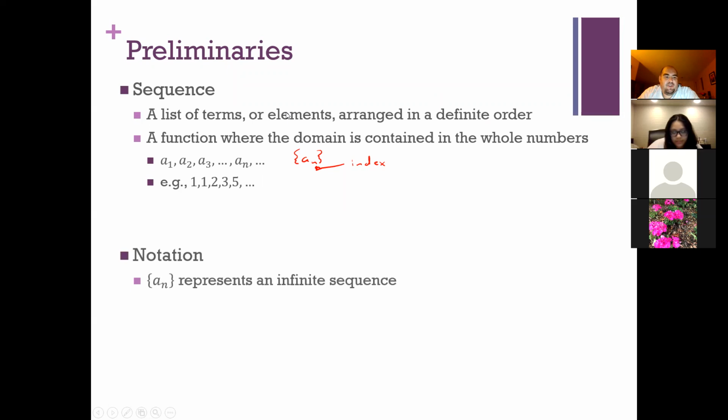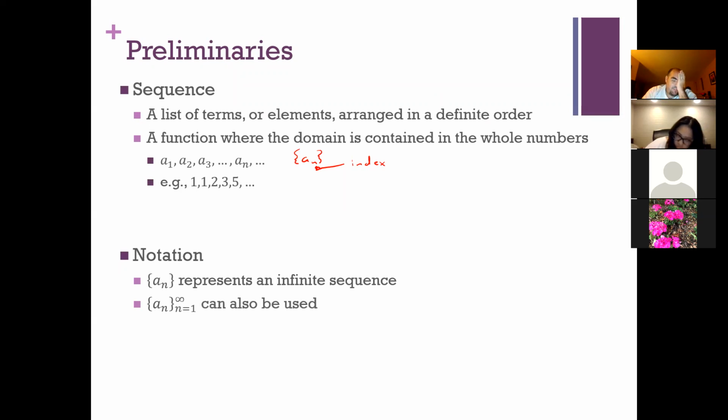Like I said, curly brackets denote an infinite sequence. Usually we're going to use n as the stand-in for our independent variable. Just like you typically use x for a continuous function, we typically use n as the independent variable, or the index, of a sequence.